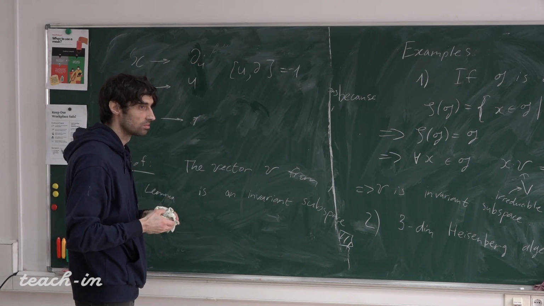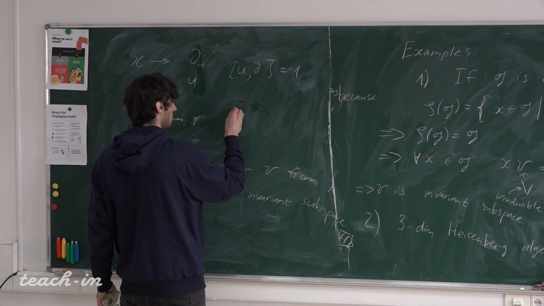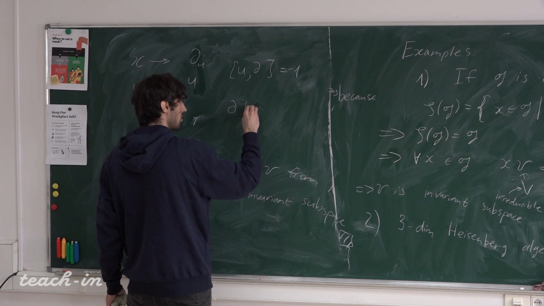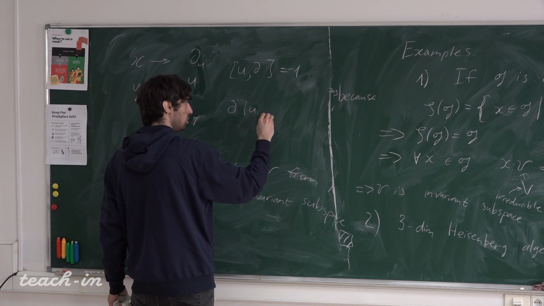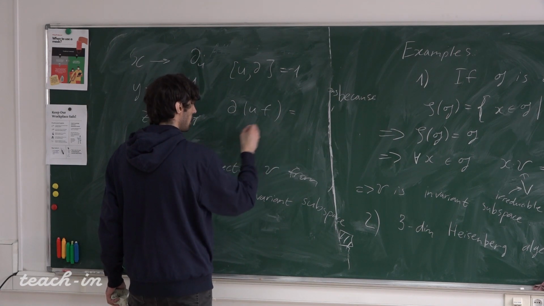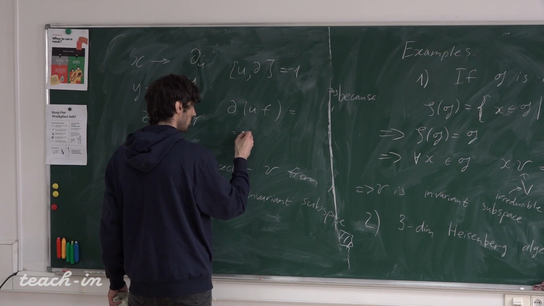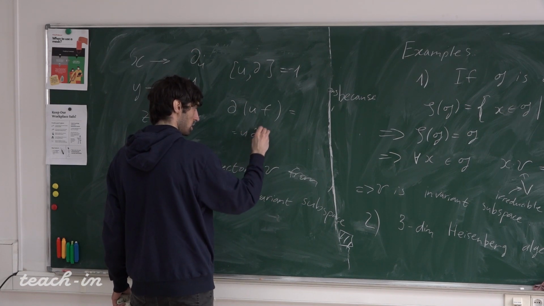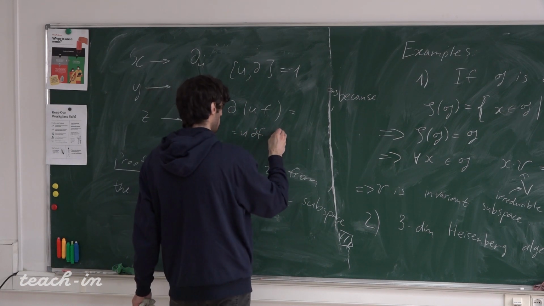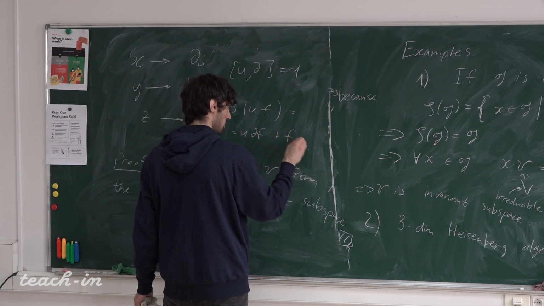Because if I take d and differentiate u times some function f, I get u times the derivative of f plus the derivative of u, which is 1, times f.